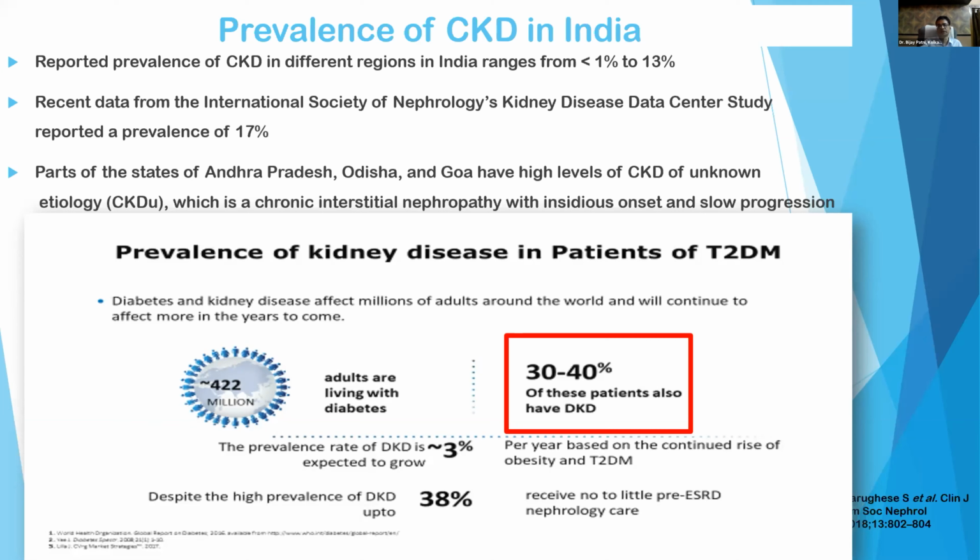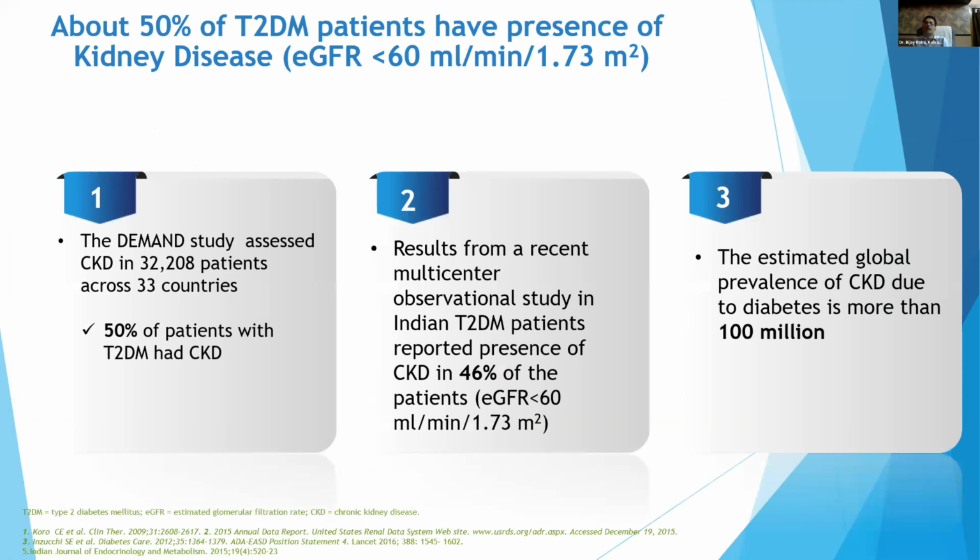So the DEMAND study, shown in one of the graphs by my previous speaker, actually assessed about 32,000 patients across 33 countries, and they said that 50% of the population with diabetes had CKD. And this is basically, I think, globally present, and that's what is seen in the population as well. So we are probably dealing with more than 100 billion populations.